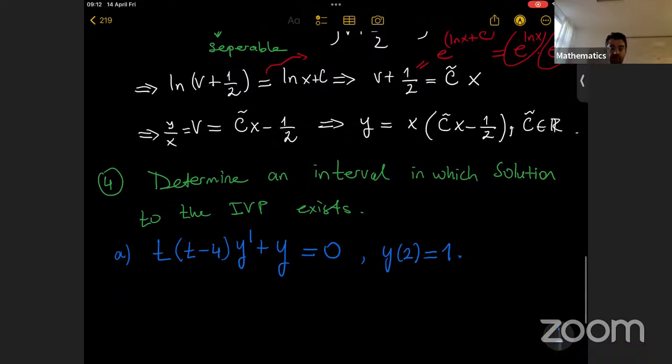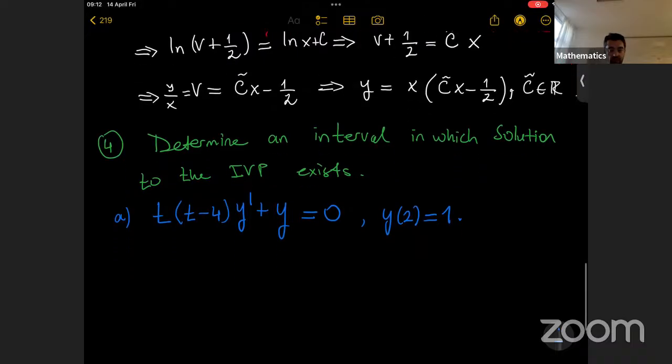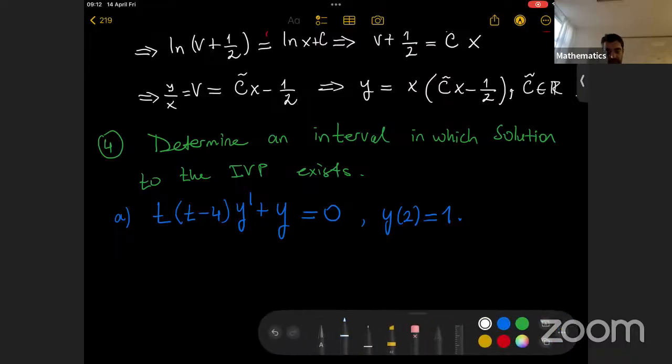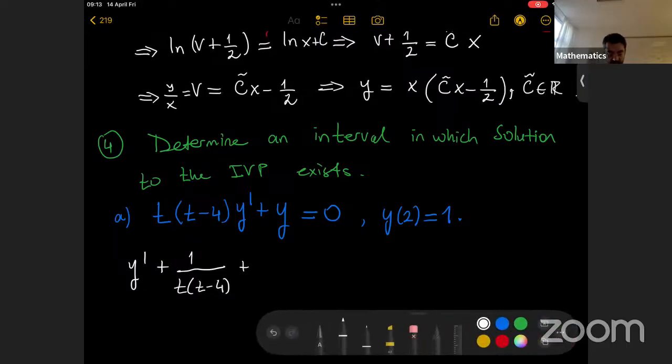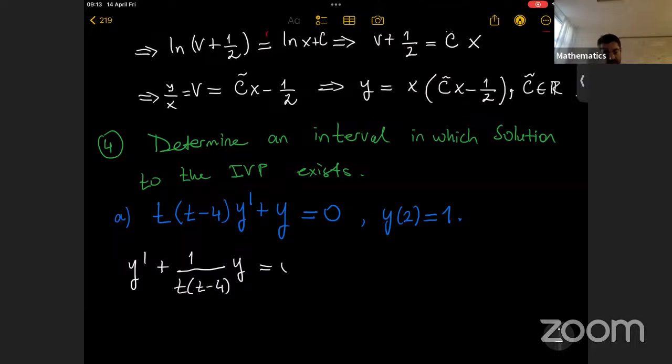Well, you can indeed solve this equation, but we don't need it. We don't need to solve it. We will find where the solution exists. So let's write this in the form of a first order linear equation. To make it linear, I will leave this alone, plus 1 over t times (t minus 4) y is equal to 0, right?